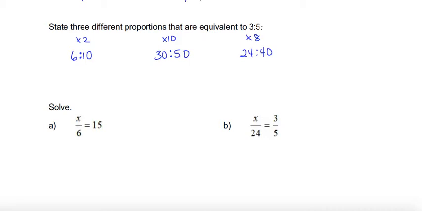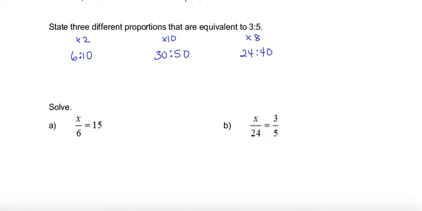So these are just 3 examples, 3 different proportions that you could have done, but you could have multiplied, like I said, by any number, any 3 numbers. It could have been 3, it could have been 100, it could have been 7. It doesn't matter as long as you're multiplying both terms in that ratio by the same value.